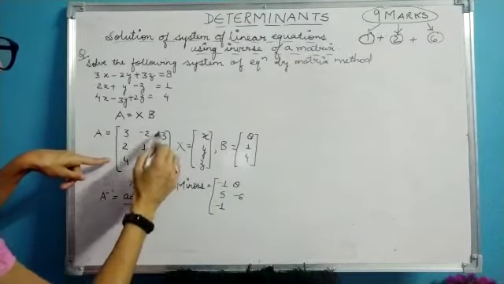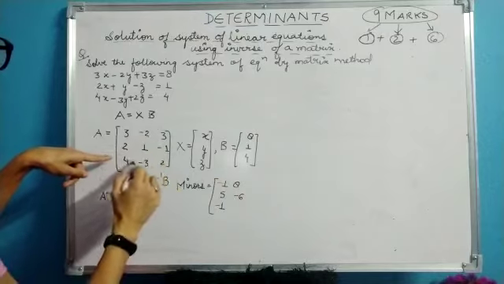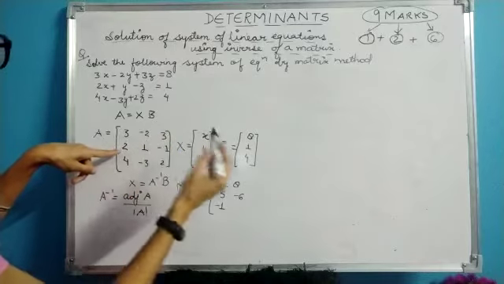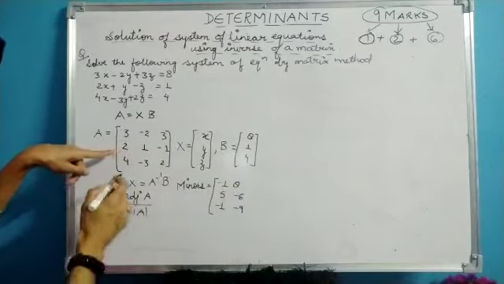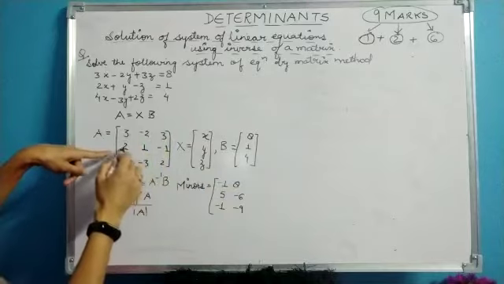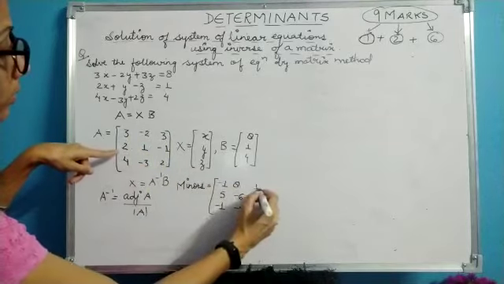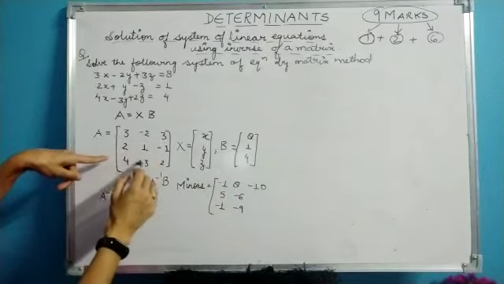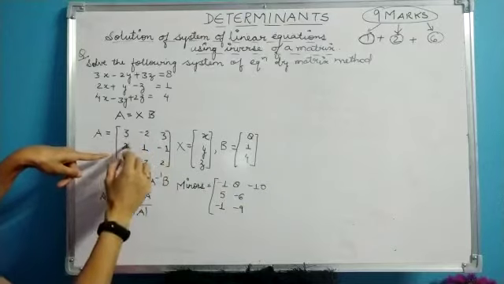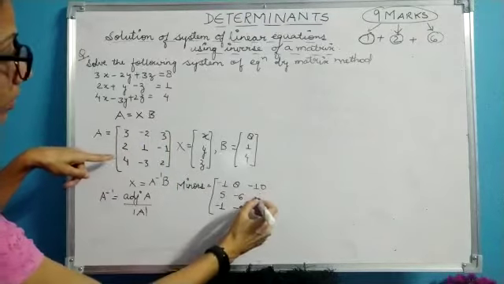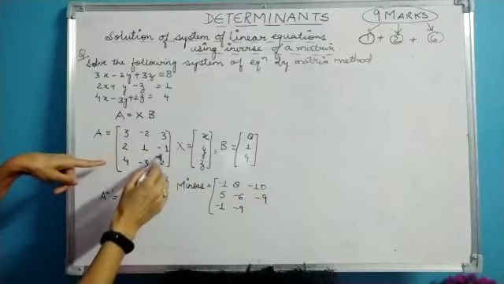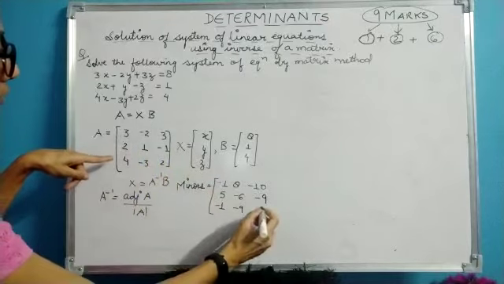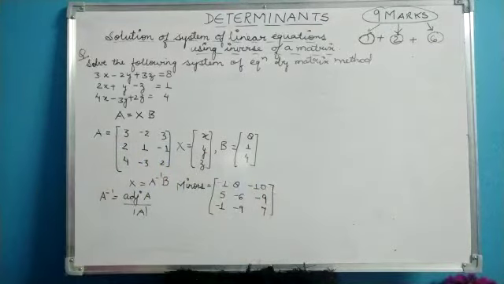Then we have this and this gone. So we are left with minus 1 into 3 is minus 3, minus 6. Minus 3 and minus 6 is minus 9. Then it is minus 6 and minus 4, which is minus 10. Then for minus 3 we have minus 3 and minus 6, which is again minus 9, and for this we have 3 and plus 4, which is 7. So this is the minor.